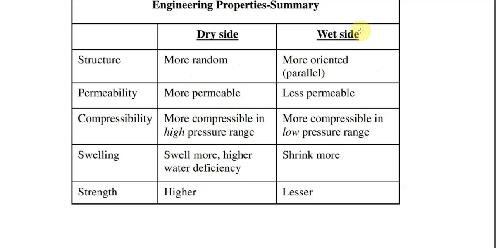Whereas if it is compacted on the wet side of the optimum, the soil is going to be less permeable and it is going to be more compressible in the low pressure range. Even an application of small pressure will compress the soil and it is going to shrink more and it will have lesser strength. And also if the soil is compacted on the wet side, more pore water pressure is going to develop.